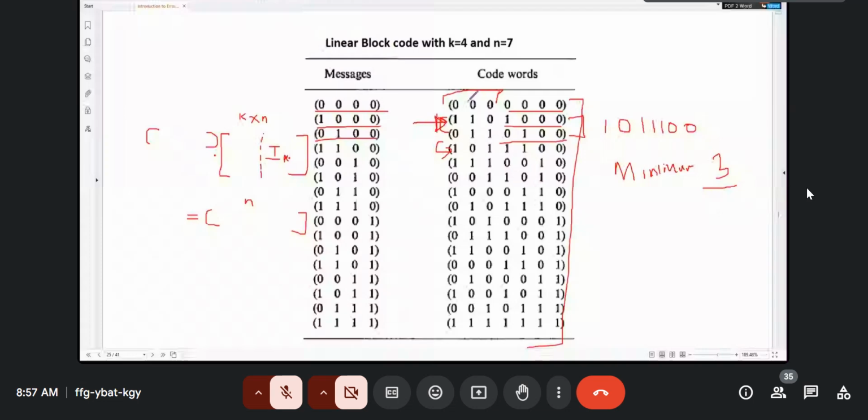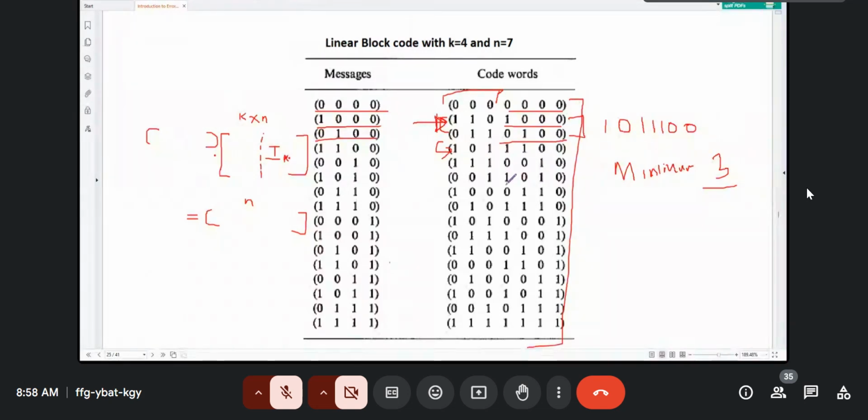So if you take any two codes here and you compare them, you're going to find that they differ in at least 3 places. What is it telling us? It means if one bit is in error, it will produce a code word that is not here.